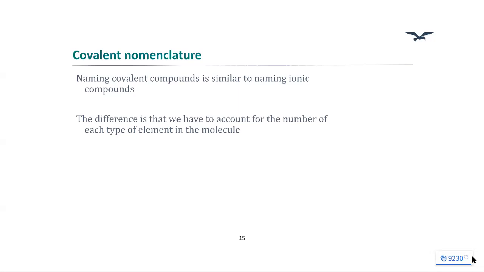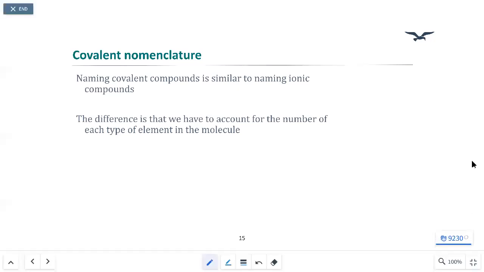Now, when it comes to covalent nomenclature, again, we're talking about substances that are sharing electrons, so there are no charges here. What we will find is that even though the way that the molecules are put together is different, the naming structure is very similar.